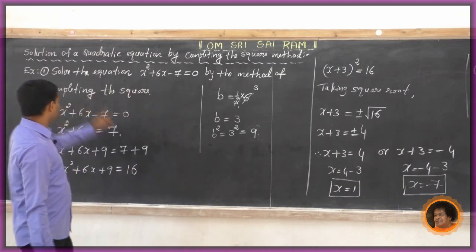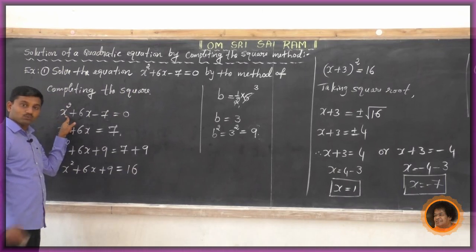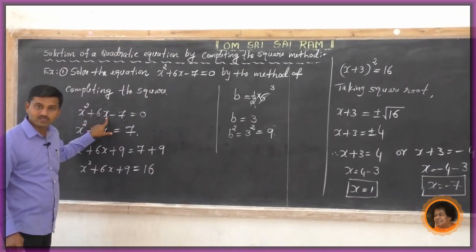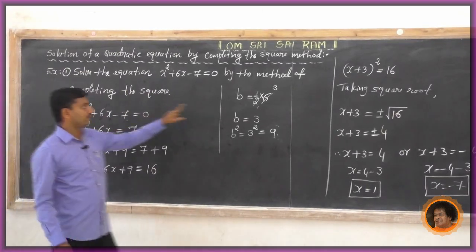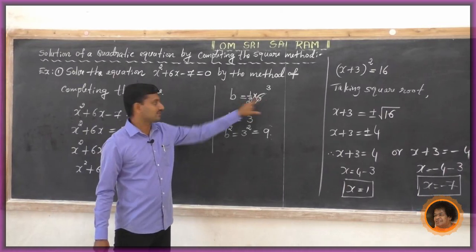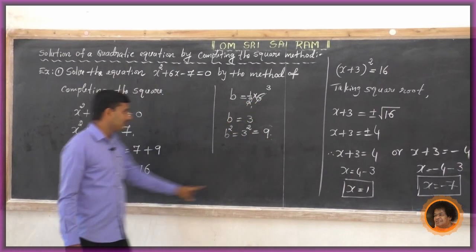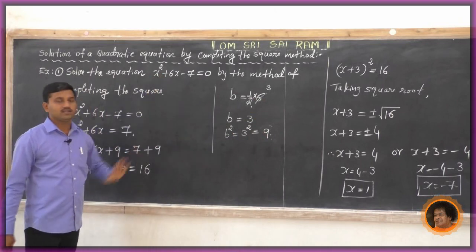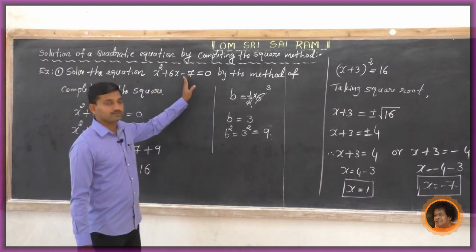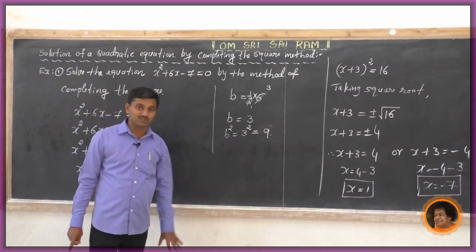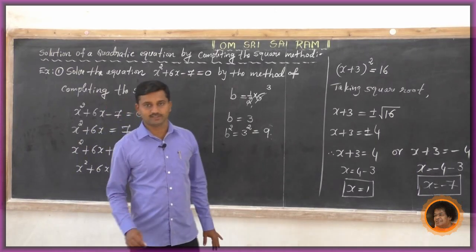And the second step, suppose the coefficient of x square is 1, then look at the coefficient of x, half the coefficient of x and square it. Add this value to both sides and solve the equation. So we get the solutions of the quadratic equation.